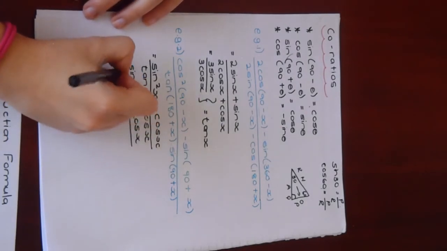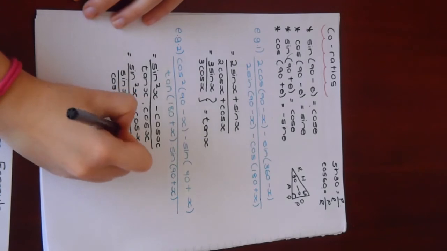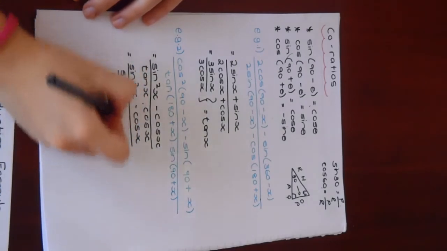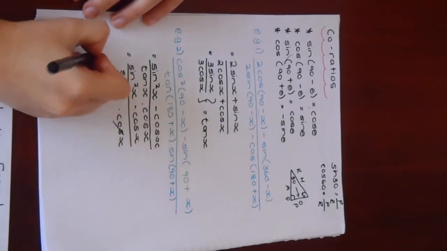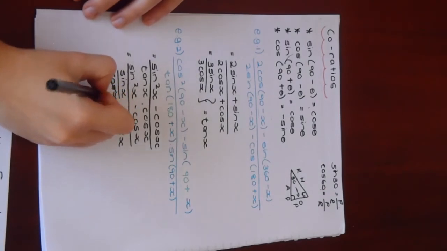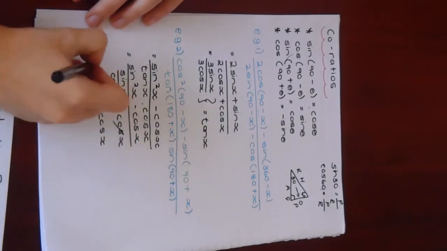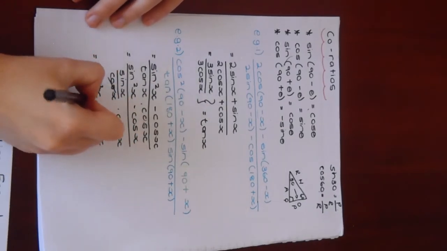Tan will become sine x over cos x, and we're timesing it by a cos x, so we can cancel it, and you're just left with sine x. So this is now sine squared x times minus cos x all over sine x.